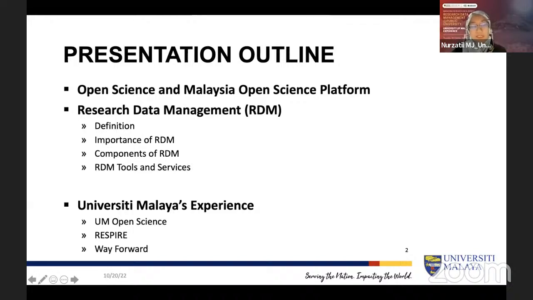And also at the same time, I'm going to share with you several slides about the Respire project, which is pretty much how UM researchers actually get involved in these research data management activities. And at the end of the presentation, we'll share some key takeaway messages from this presentation.